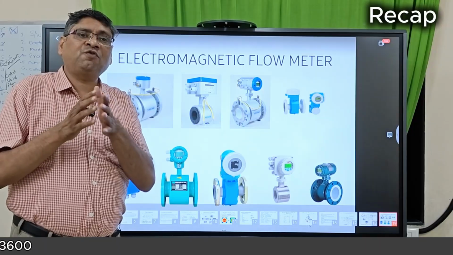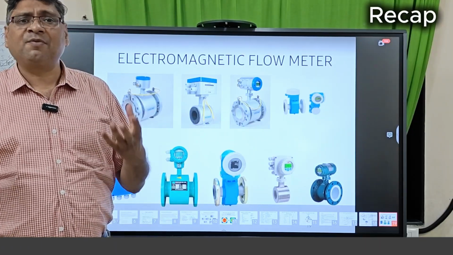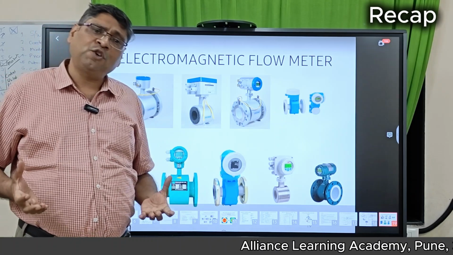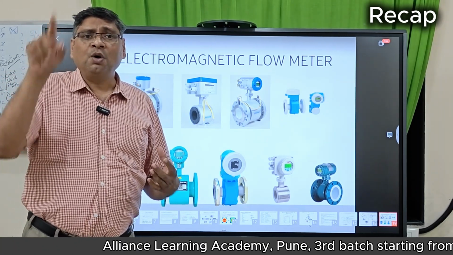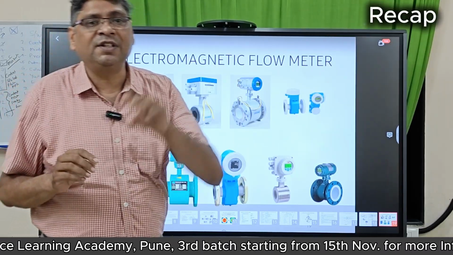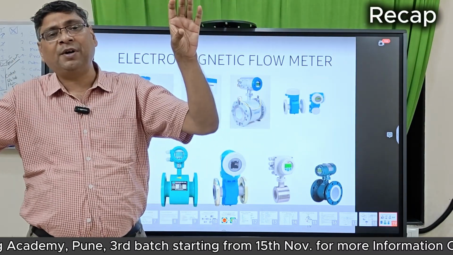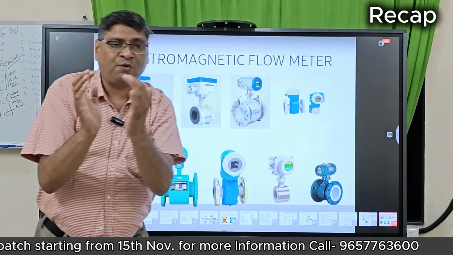Then we have seen the first flow meter, DP type, differential pressure. In the differential pressure, we have seen the orifice flow meter, and in the orifice flow meter, we understood V is proportional to root delta P by rho. So what is the meaning of delta P? We have seen there is a P1 tapping, P2 tapping, and then we take this delta P to the flow computer.